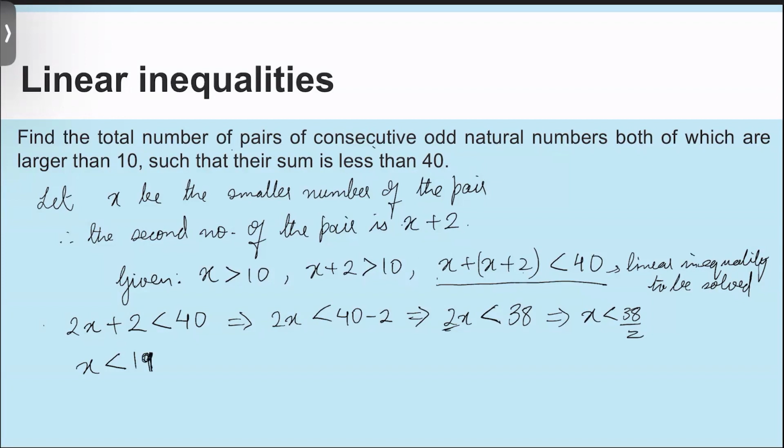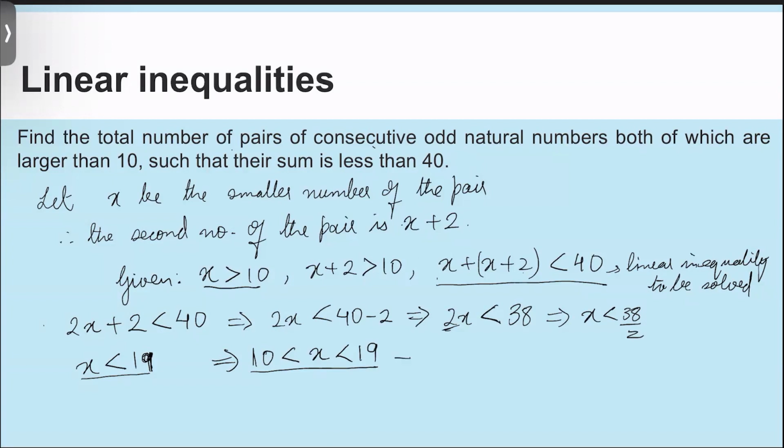Okay, so now we know that your X is larger than 10 but less than 19. So all your X's are going to range between 10 and 19. Okay, so this is the solution we get.